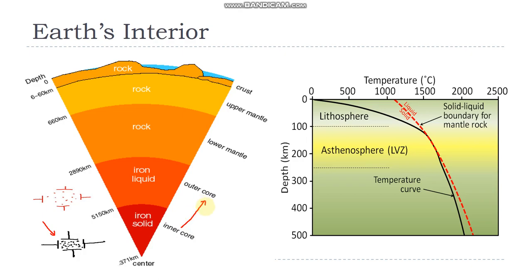Moving closer to the surface of the Earth, the next layer would be the outer core. Now, some of that pressure is relieved as you get closer to the surface of the Earth, and as such, this layer is liquid.